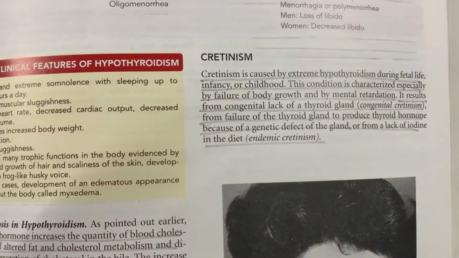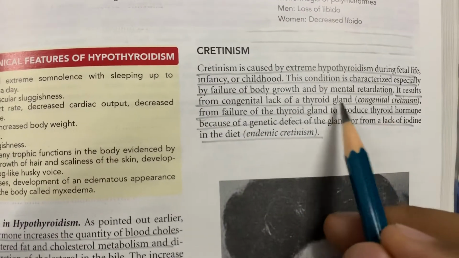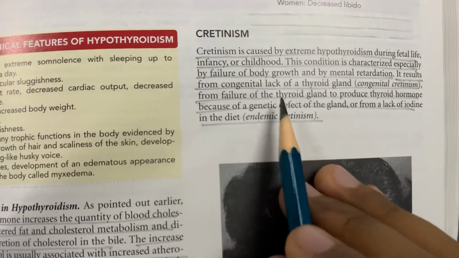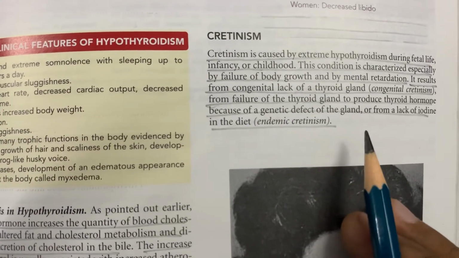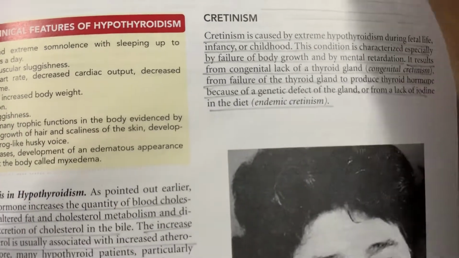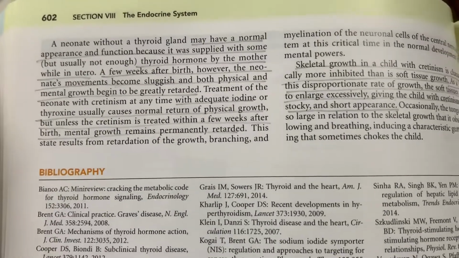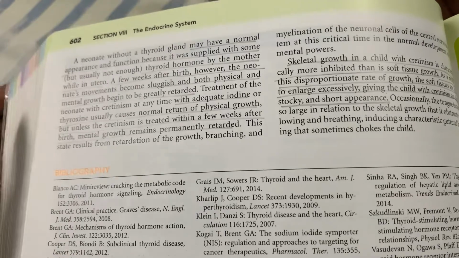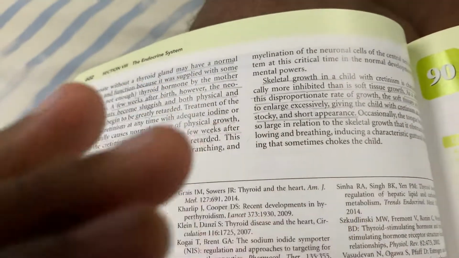Cretinism is caused by extreme hypothyroidism during fetal life. It results from a congenital lack of a thyroid gland, congenital cretinism, or failure of the thyroid gland to produce thyroid hormone because of a genetic defect of the gland, or from a lack of iodine, that is endemic cretinism. A neonate without a thyroid gland may have a normal appearance and function because it was supplied with some thyroid hormone through the maternal circulation in utero.